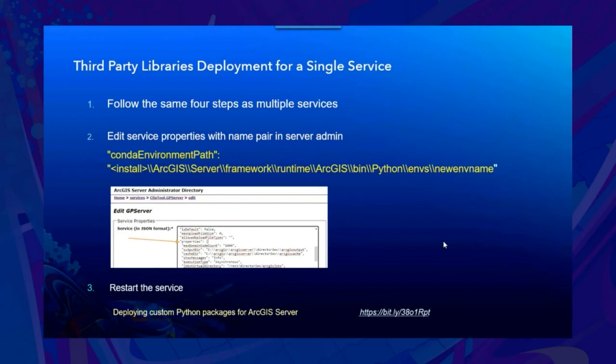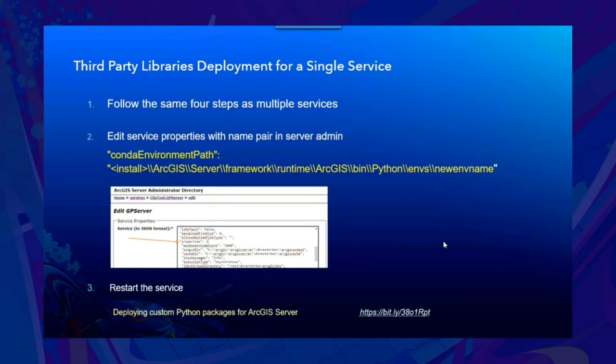The deployment in the previous slides is for all the services on the server. What if I just want the deployment for one single service? You pretty much follow the same steps, except before you restart the service, go to your server REST endpoint and find the specific service you want to deploy.